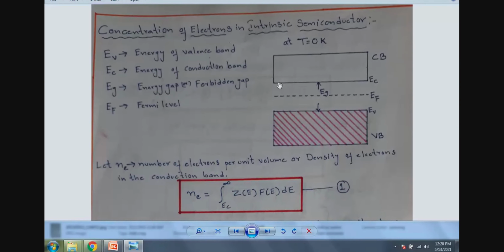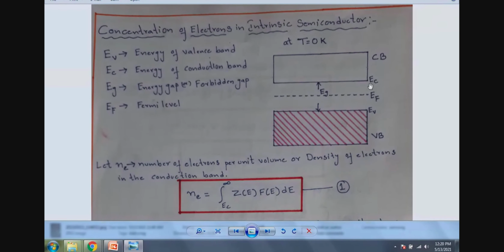Similarly here, the electrons excited from the valence band will be concentrated mainly at the bottom level of the conduction band. When we move upward from here, the density will be very low.